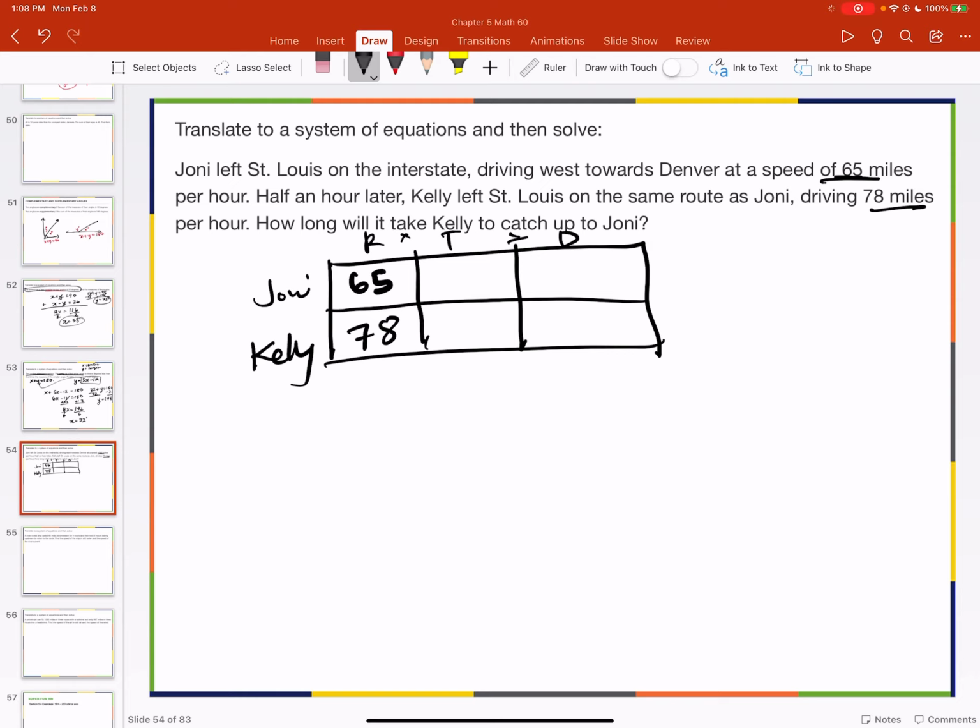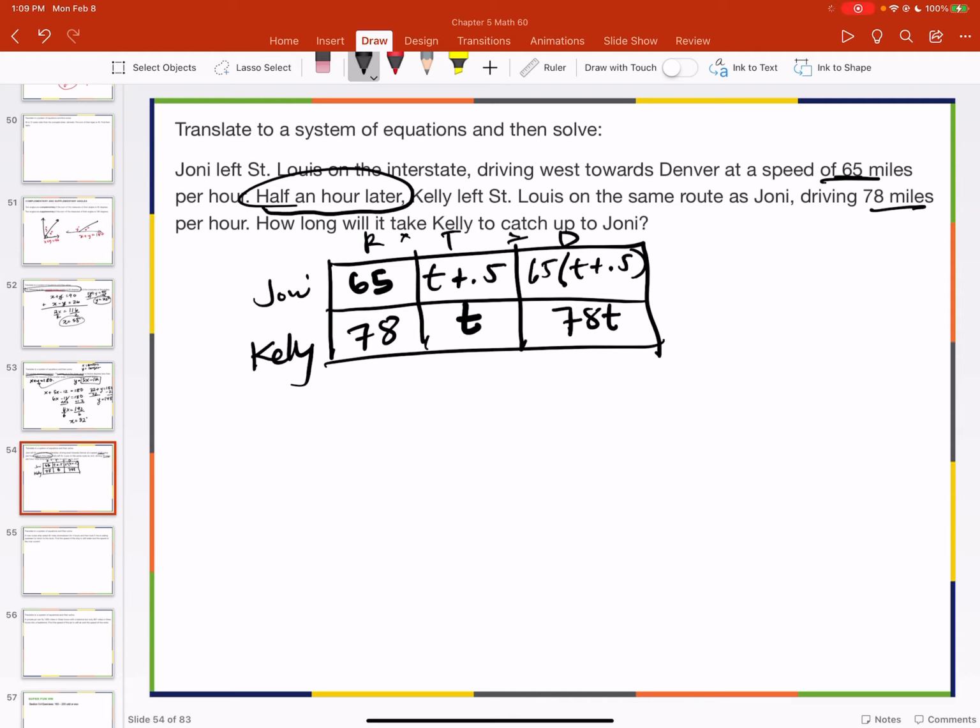Joni's driving for however much time, and Kelly is driving for less time. So that means the time that Joni was on the road is half an hour more. So T plus 0.5. And you multiply across, this becomes 65 times T plus 0.5, and then this becomes 78T.